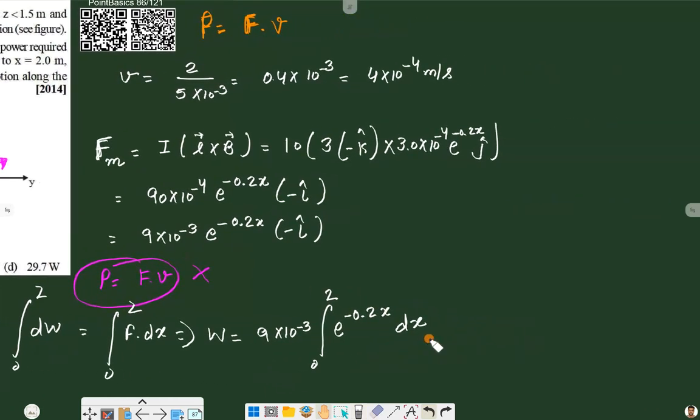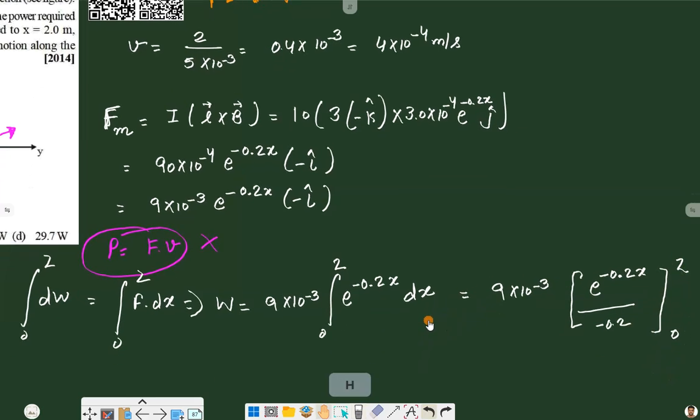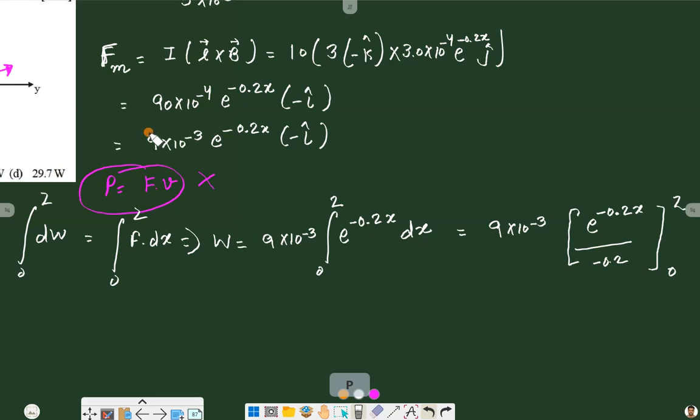Now solving this, we will get 9 into 10 raised to power minus 3 e raised to power minus 0.2x divided by negative 0.2 with limits 0 to 2. And we have a negative sign here, so negative negative becomes positive.